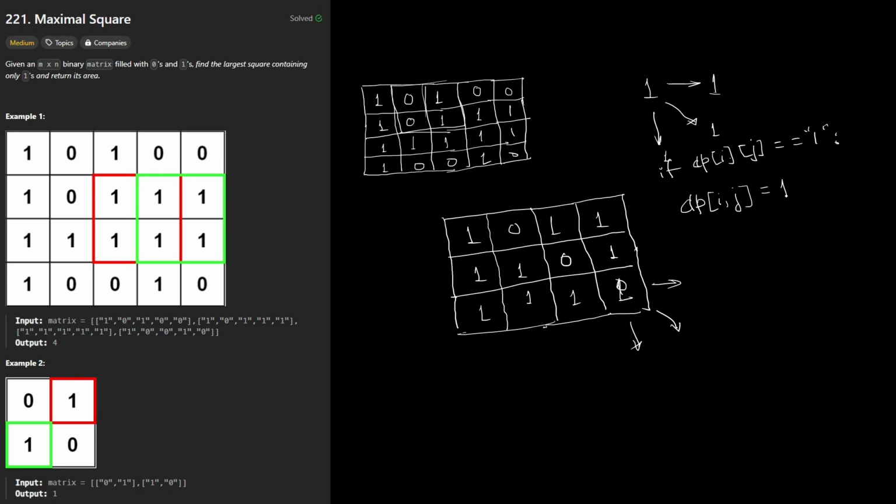If it's 1, it would be 1 plus the minimum of the right value, the down value, and the diagonal. Instead of left it should be right, and let's say the right diagonal. So this would be the value.